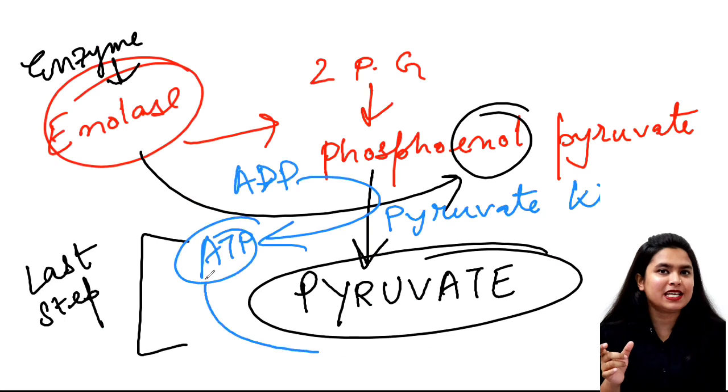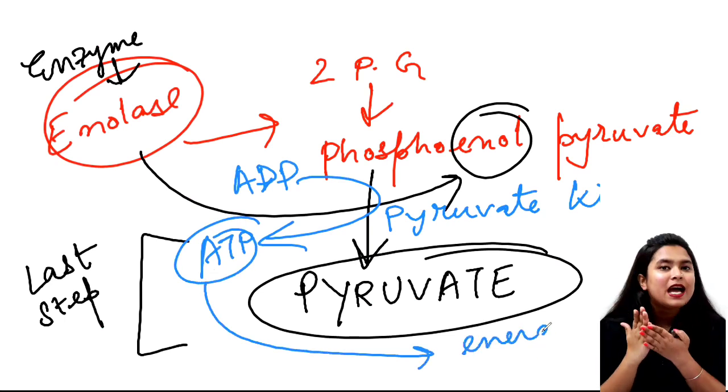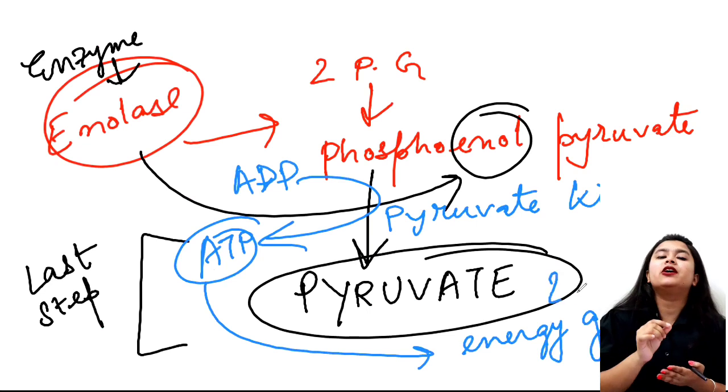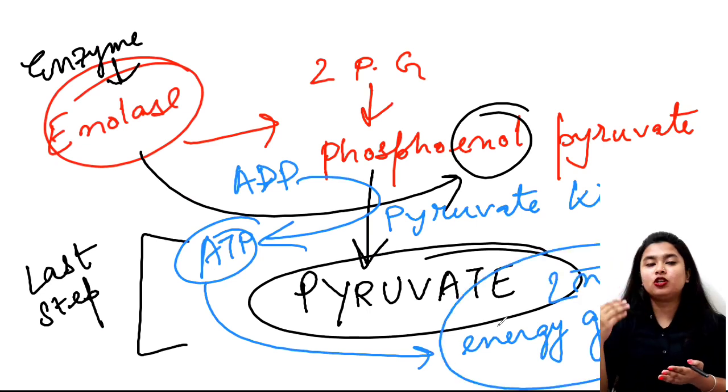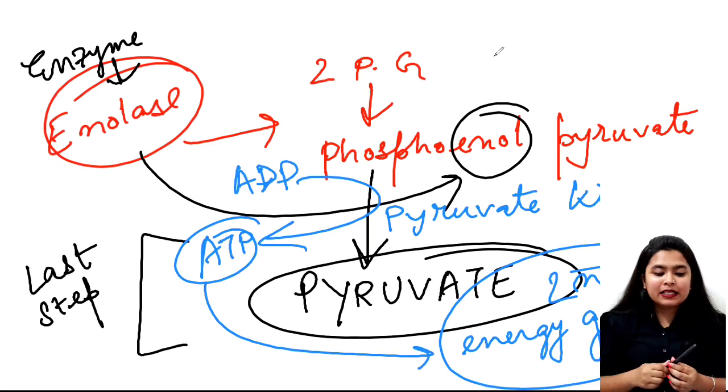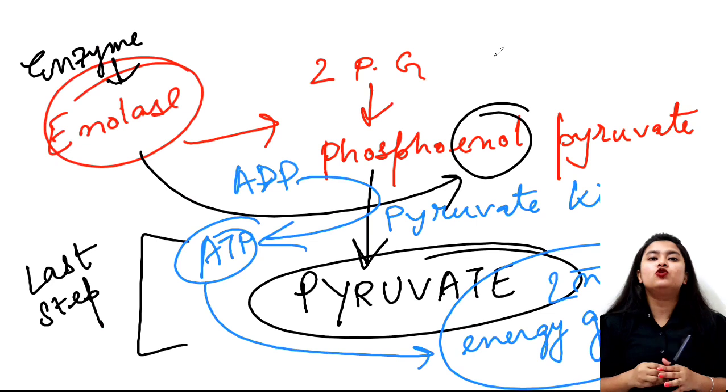It is again breaking down. We are getting the phosphate compound aside. ADP is turning into ATP, that means addition of the phosphate group to the ADP molecule, right? And ultimately pyruvate, that is a 3-carbon compound, is produced.